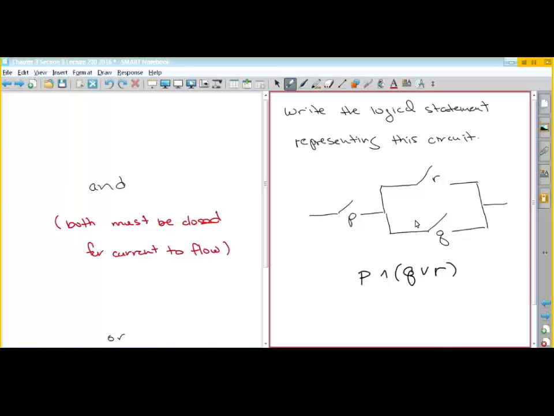Now, did you notice any logic statements that said if-then when we were showing that? We didn't, right? So there may not be an equivalent electric circuit for if-then statements. But remember these equivalent statements we did?